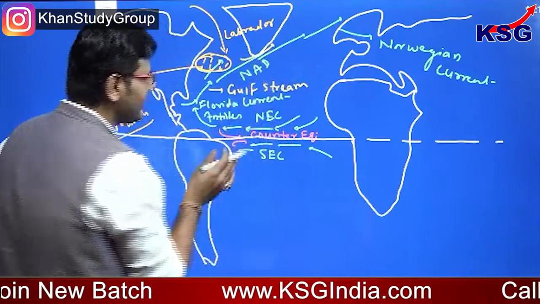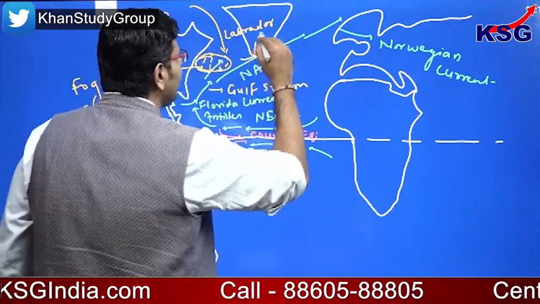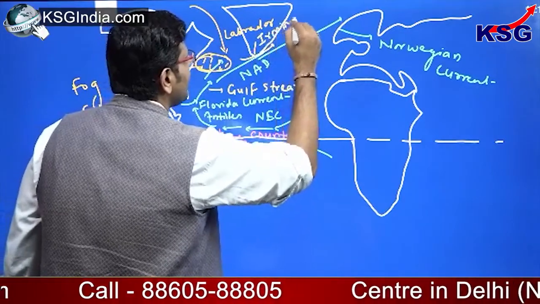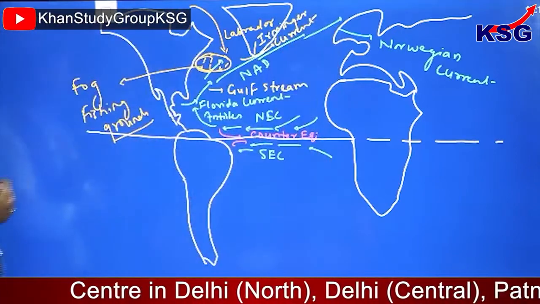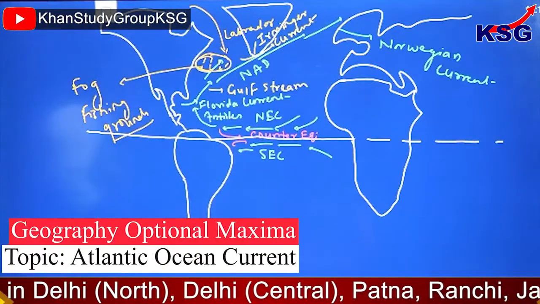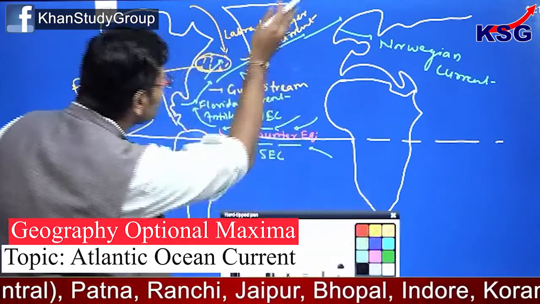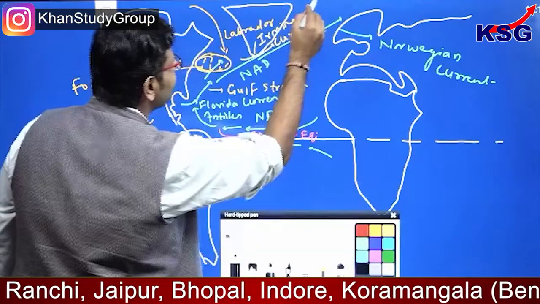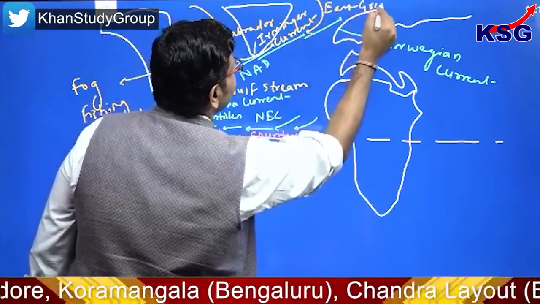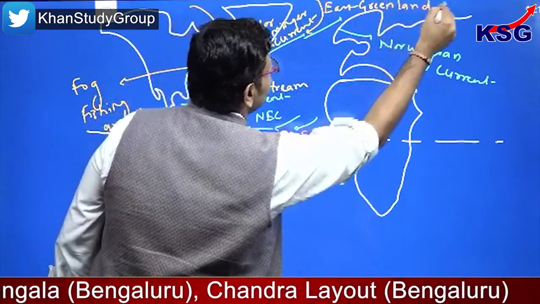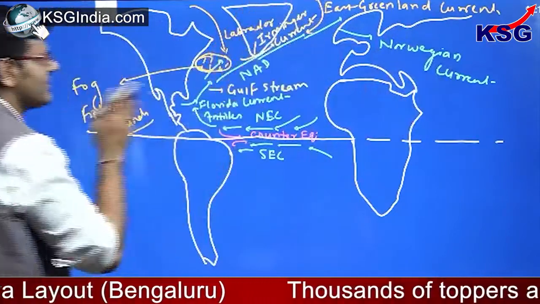There is also the Irminger current, which is present here and is a warm current, moving by. Also, around Greenland, you have the East Greenland current, which is cold in nature, as the water from the poles is coming towards the equator.